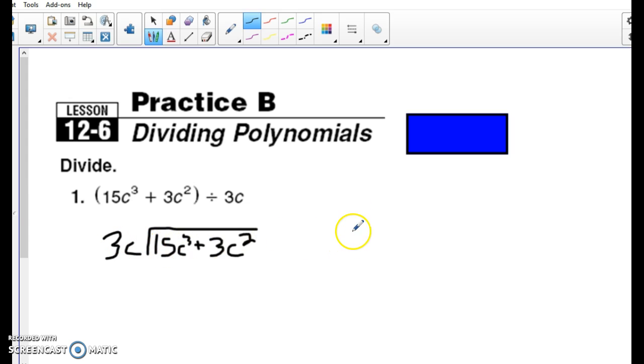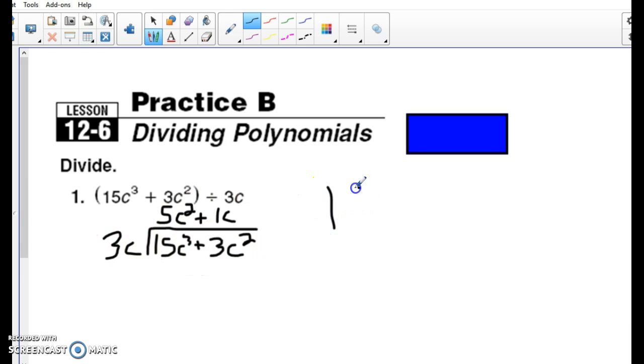Okay, so remember, if I'm dividing polynomials, I can think what 3c times what gives me 15. So 3 times 5 gives me 15. C to c cubed needs to be a c squared. And then I have plus. So 3 to 3 is just a 1, and then a c to c squared is going to give me a c. Now if I multiply all these, because remember, multiplication and division are really opposites, it gives me that.